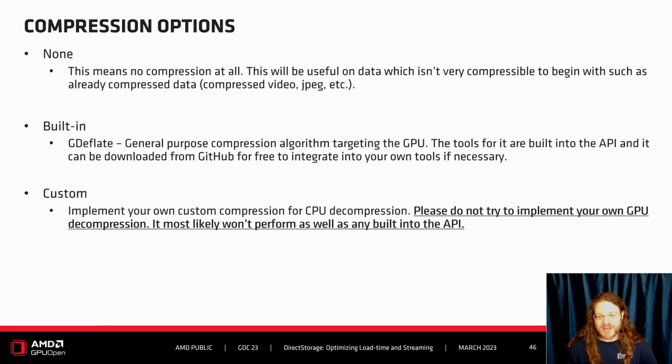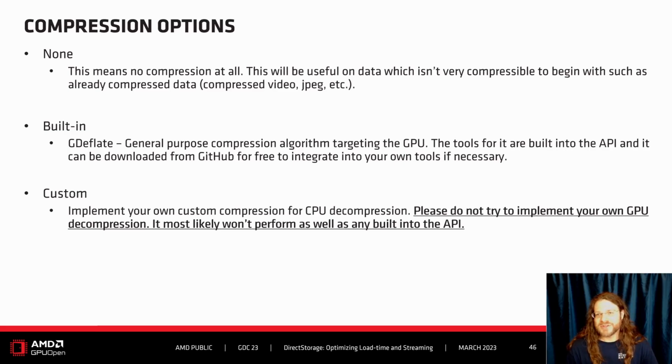So what are the compression options offered by DirectStorage? Well, we could choose not to use any compression, and that might be advisable for things like compressed video or JPEG data, which has already been compressed to begin with. We could use the built-in compression, which is currently GDeflate. And this is a general purpose compression algorithm targeting GPUs.